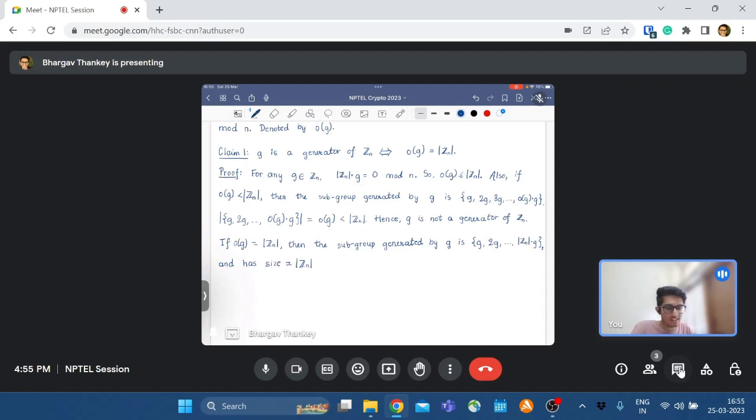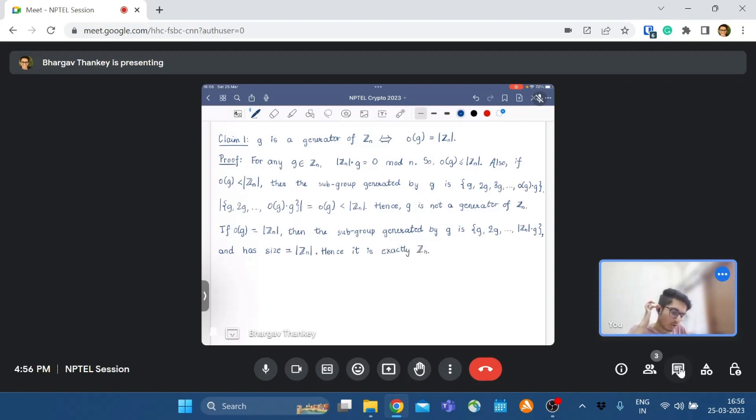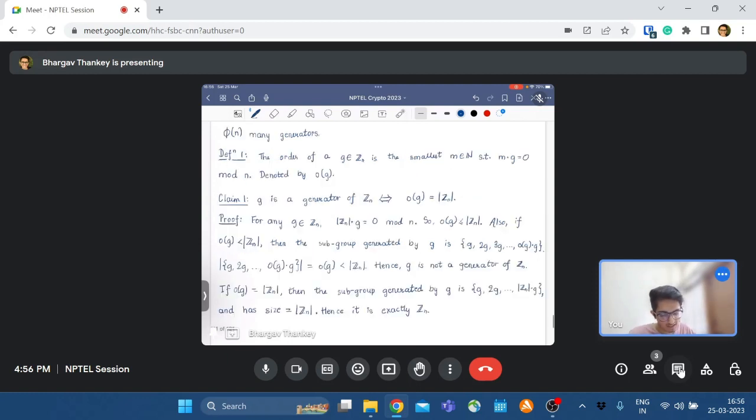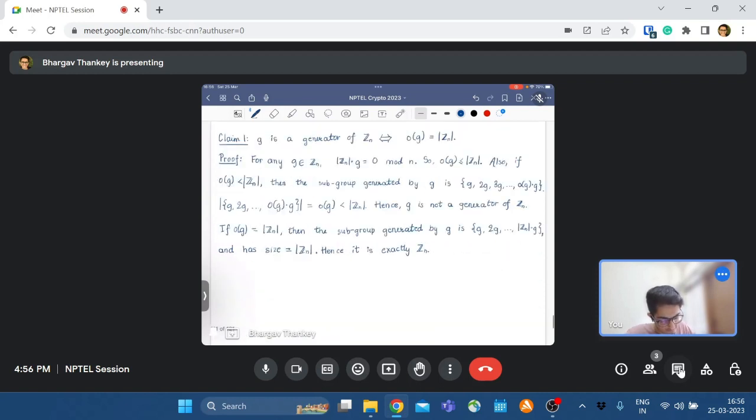So the subgroup of g has size equal to Zn, and so the subgroup of g is exactly Zn. So if the order of g is equal to the size of Zn, then g has to generate Zn. So g is a generator of Zn if and only if the order of g is exactly the size of Zn. Now let's use this claim to show that this group has exactly phi of n generators.